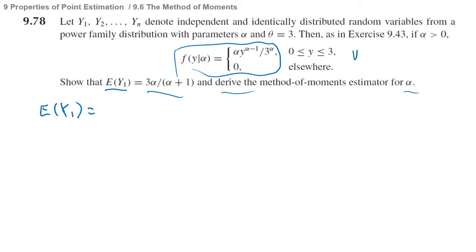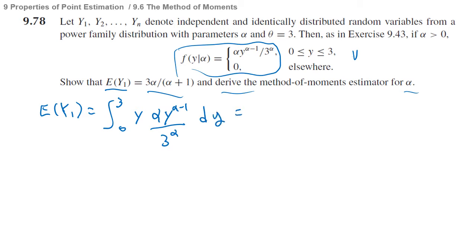To do that, this is the integration from 0 to 3 of y times alpha y to the alpha minus 1 over 3 to the alpha dy.